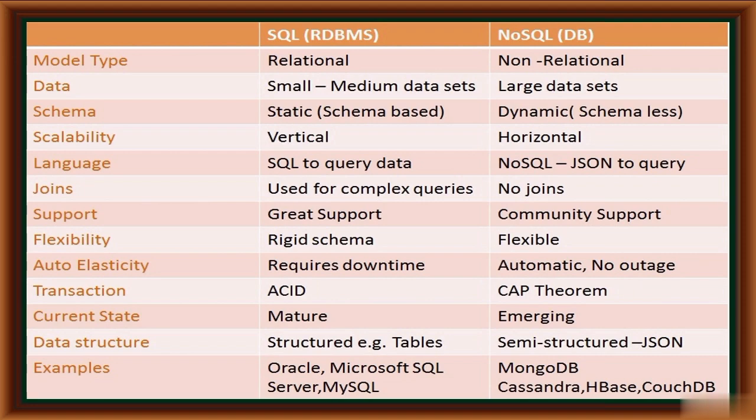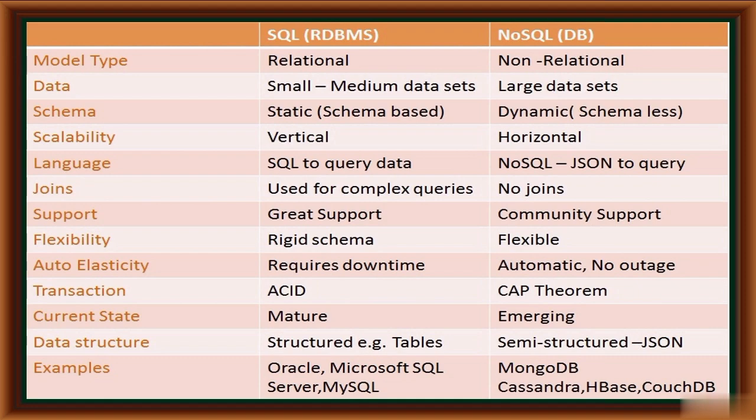Traditional databases can use table joins to build complex SQL queries. NoSQL databases do not require any table joins. The support for traditional databases is great because it's been around for quite a while, so there is robust support available, while the support for NoSQL databases is still maturing.